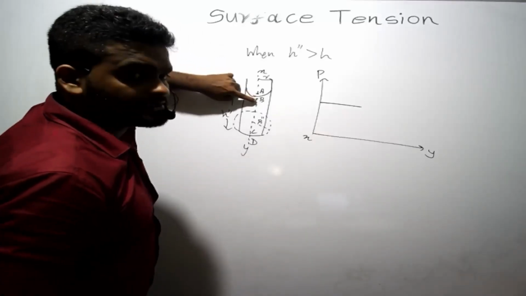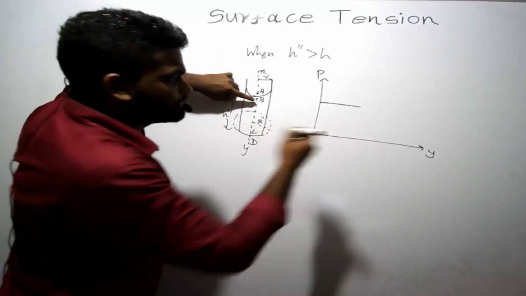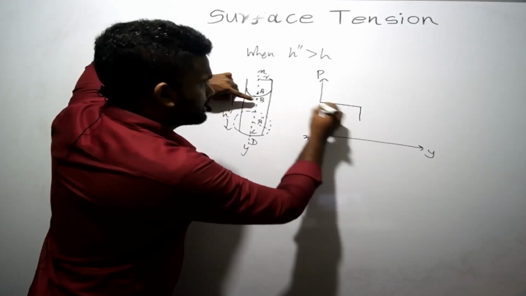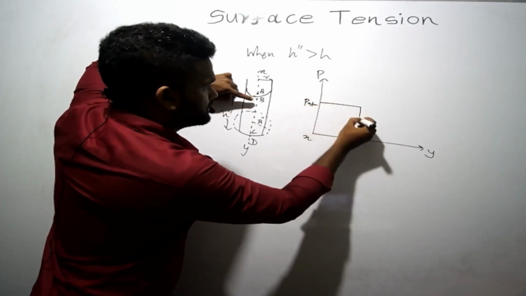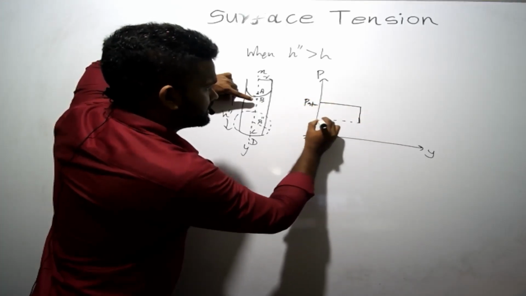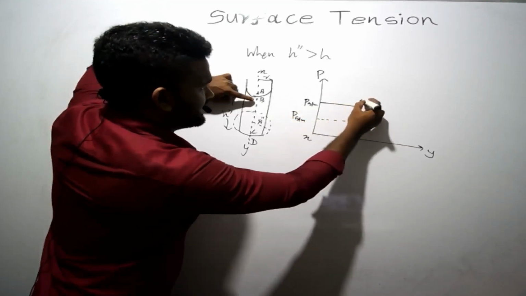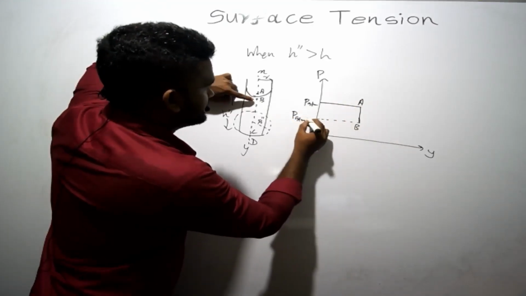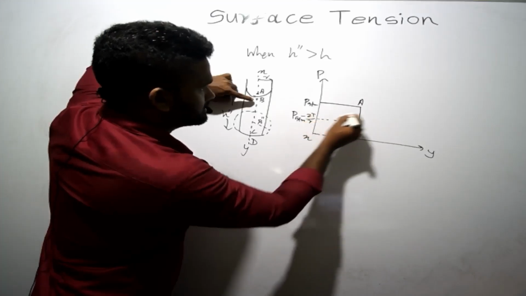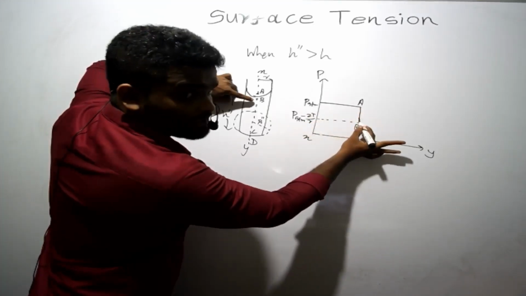Then to the other side, a sudden drop of pressure. Here PATM. What is the sudden drop? So this is A, this is B. PATM minus 2T over R. This drops by 2T over R.